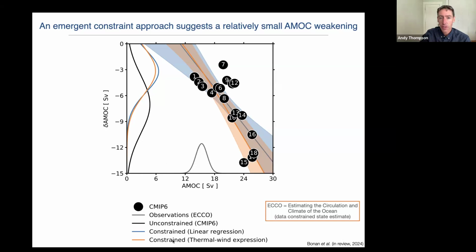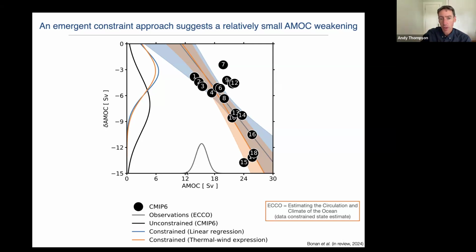If you instead use the constraint from the thermal wind expression, you get a curve that's slightly different. So it's no longer linear. It has some curve here and does a slightly better job of capturing the strong response experiments in this case. And more importantly now, we can use some observational estimates, and we have chosen to use the ECCO model, which is an ocean state estimate that is data constrained. We have also looked at the strength of the overturning at the RAPID array.